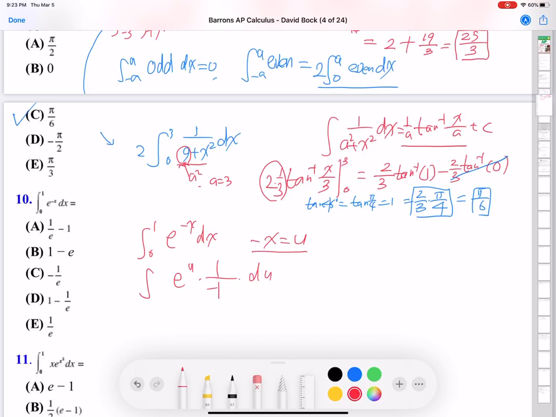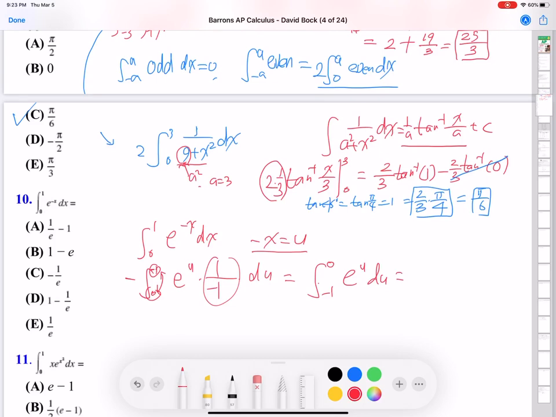And then change these two numbers to u values. If x equals 0, u is 0. If x equals 1, u is -1. So I'm going to switch these two numbers, because the smaller number is usually on the bottom and the bigger number on top. If you switch those two numbers, put a negative sign in front, but negative 1 is already here. Negative, negative, positive. e to the u, du.